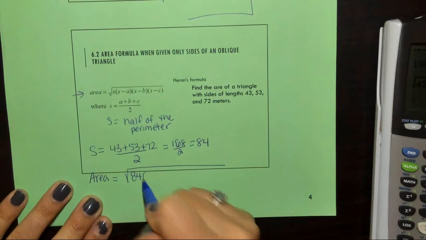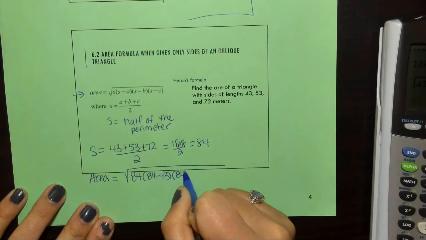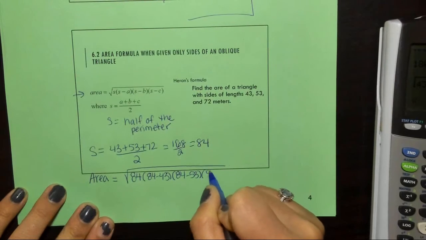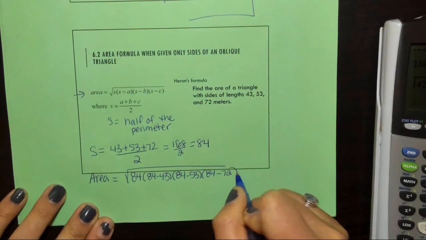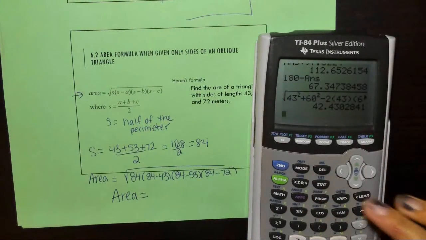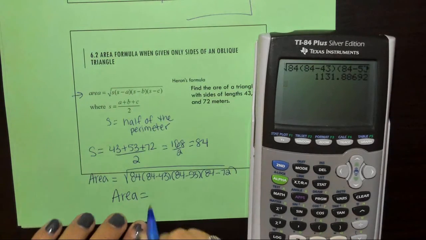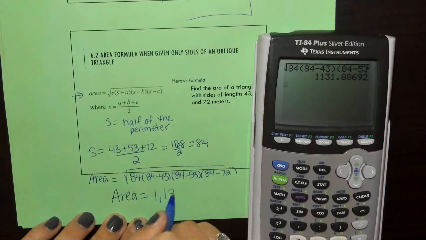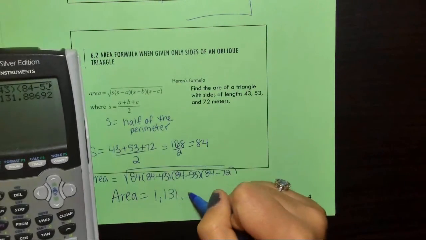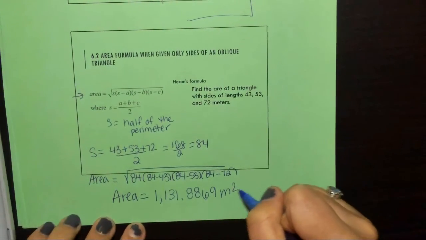So it's going to be the square root of 84 times 84 minus 43 times 84 minus 53 times 84 minus 72. Okay, 1131.8869, we had meters, so meters squared.